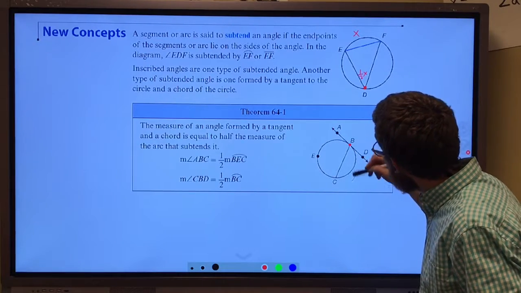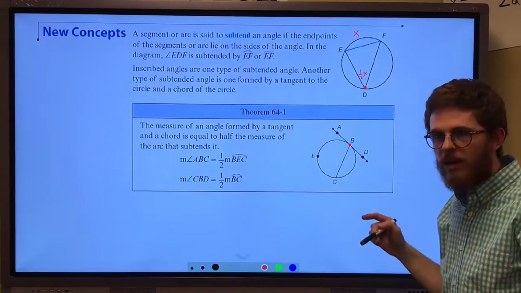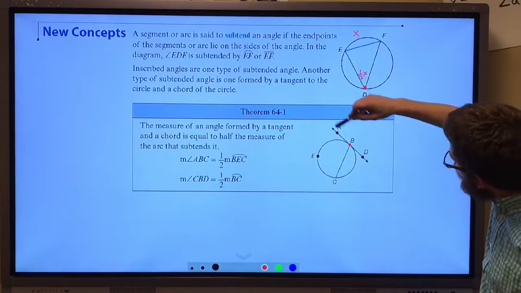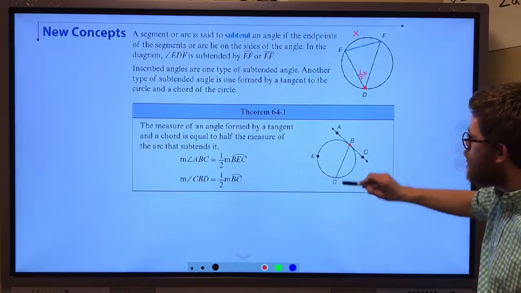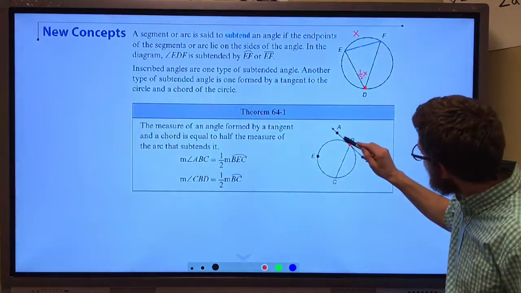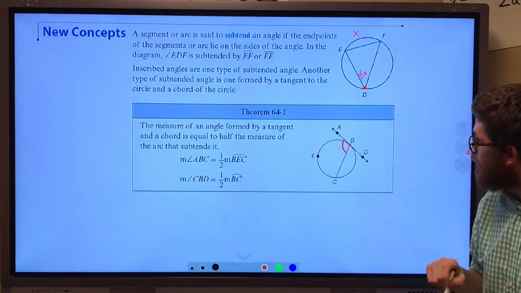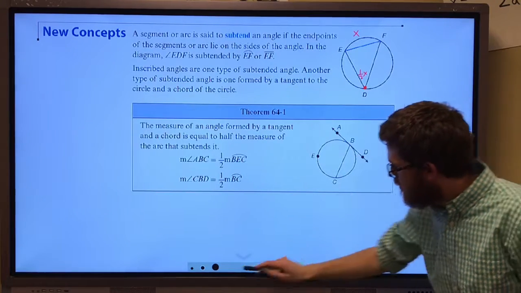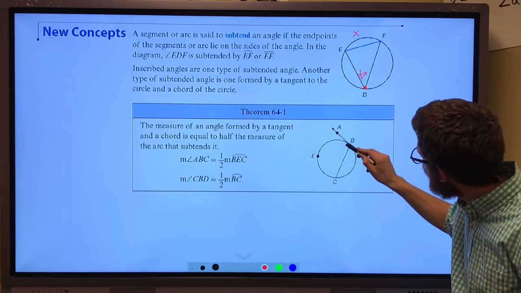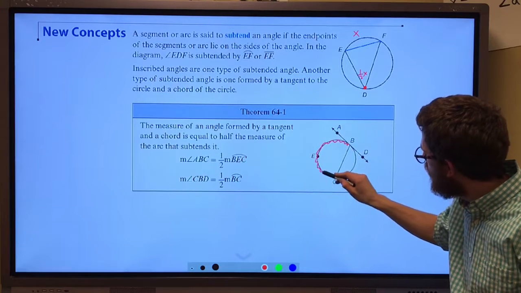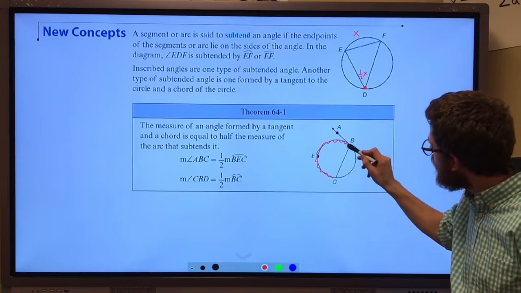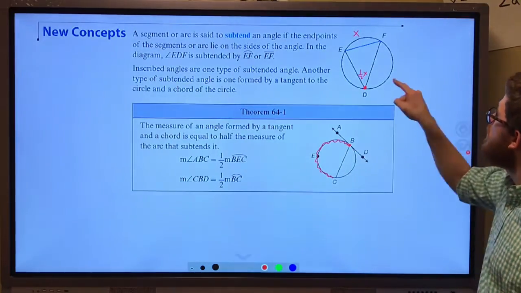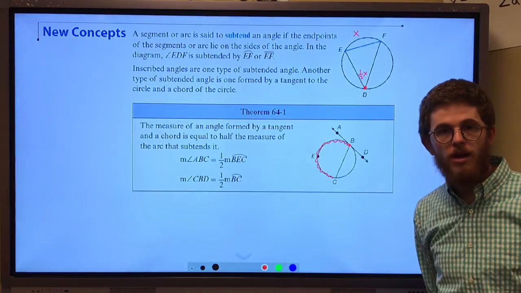We're looking at an angle, once again, that's opening up into an arc. But this angle is formed by a tangent to a chord. Okay, look at that angle right there. Well, once again, that angle is opening up into an arc. And because that angle has a vertex on the circle, think of it the same way as we did with the inscribed angles.